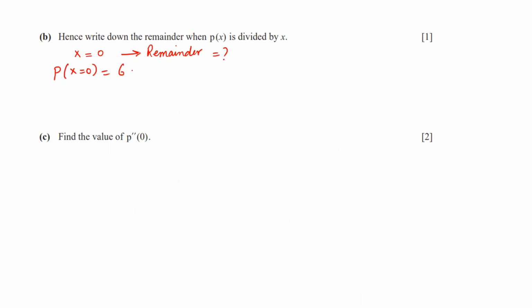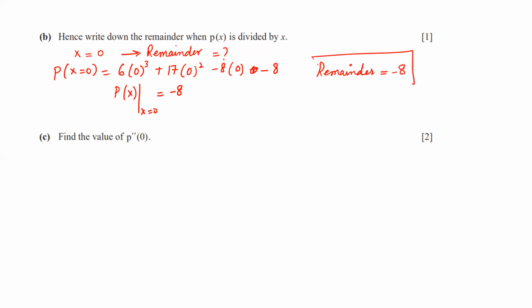It gives us 6 into x cube plus the value of a, 17, x square minus 8 into x, and then plus the value of c, which is 8. So the remainder, p of x at x equals 0, is equal to 8. So the remainder is 8, and this is your answer.